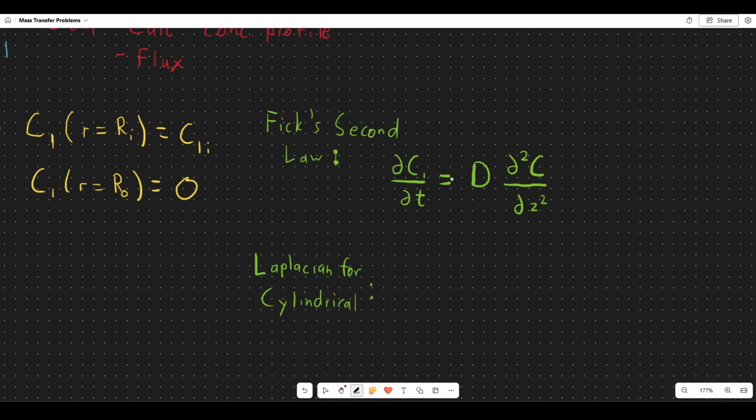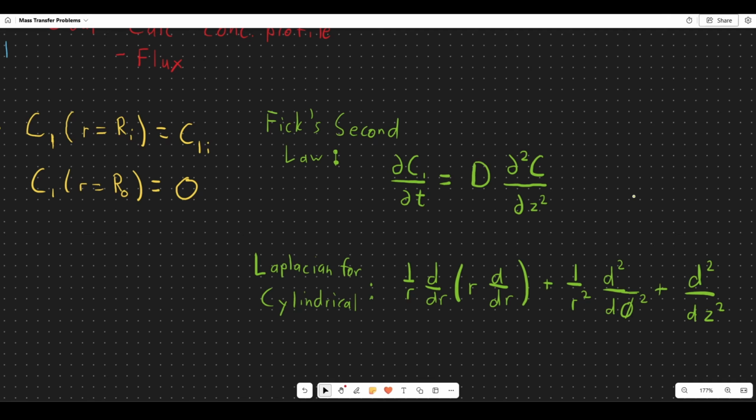Well, that would be nothing but 1 over r d/dr of r times d/dr, plus 1 over r squared times d squared over d phi squared, plus d squared over dz squared.